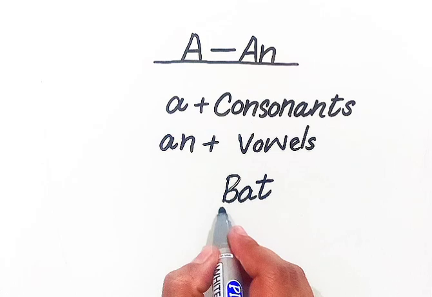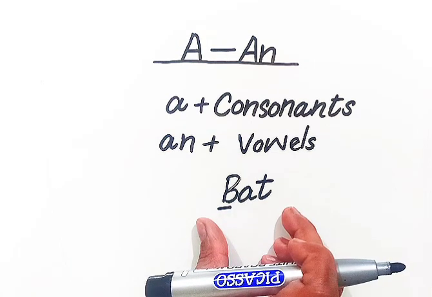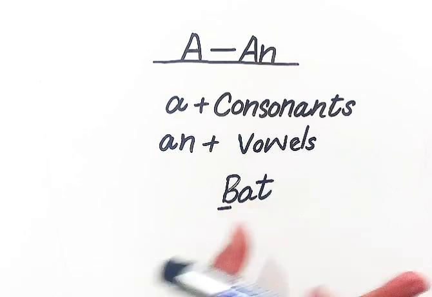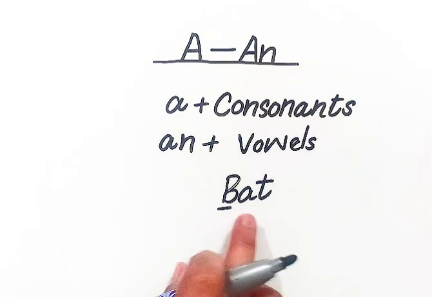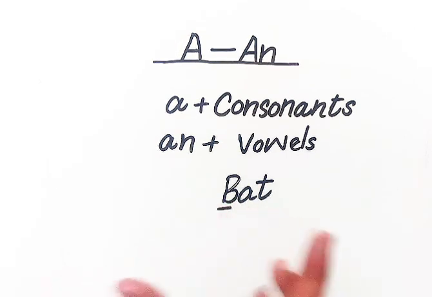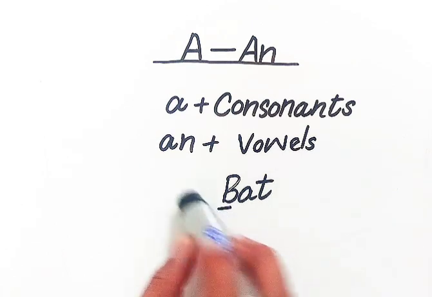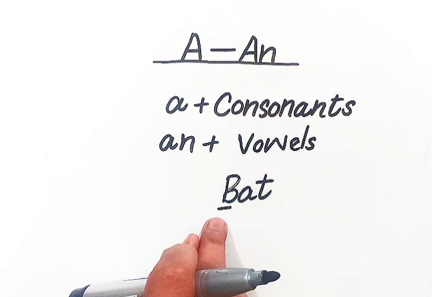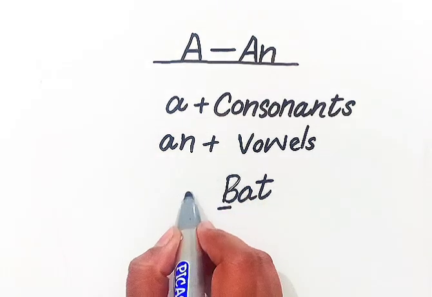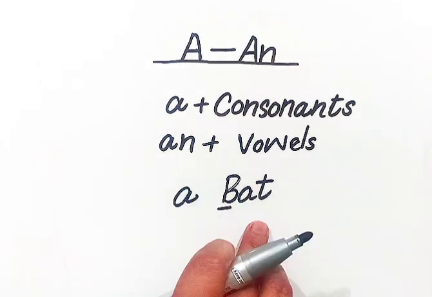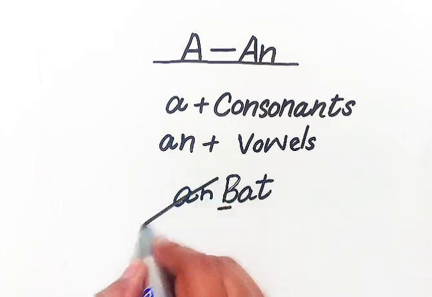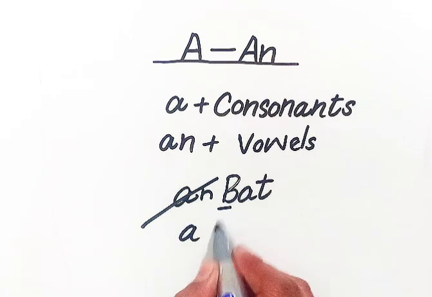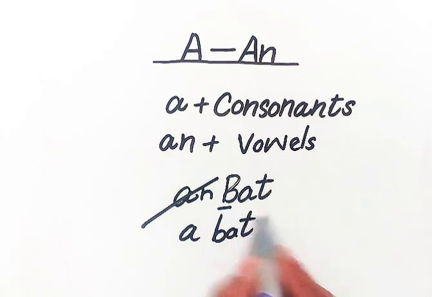Now, the first letter of bat is B. Now tell me, is B a consonant or a vowel? B is a consonant. So we will write a bat, not an bat. It's wrong. We will write a bat.